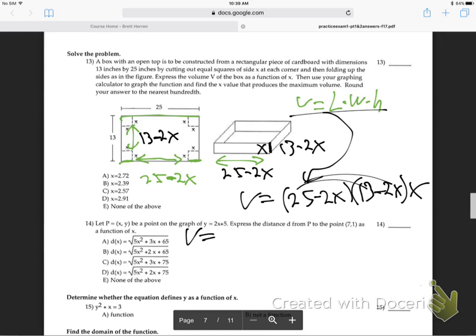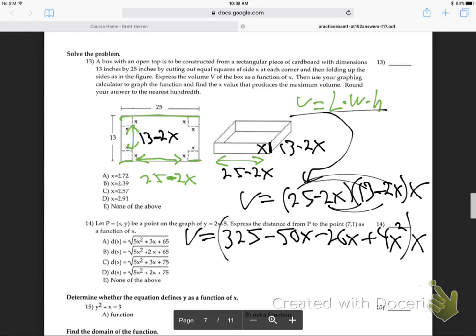What's 25 times 13? 250 and 75, 325, right? Minus 50x, and then minus 26x plus 4x squared, all times x. Let that x sit there for a minute.